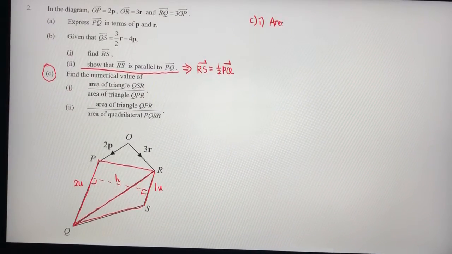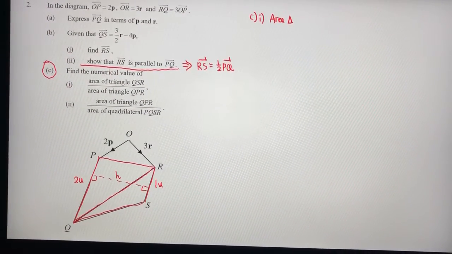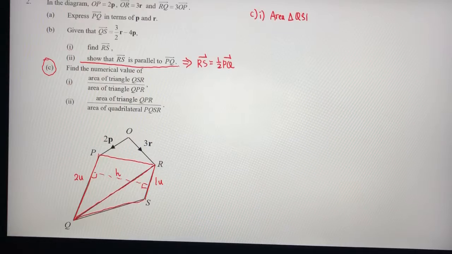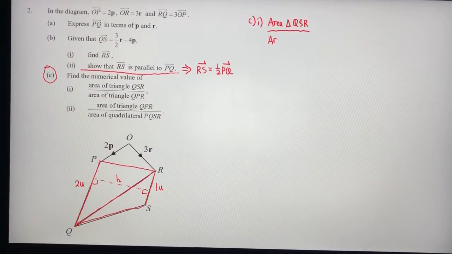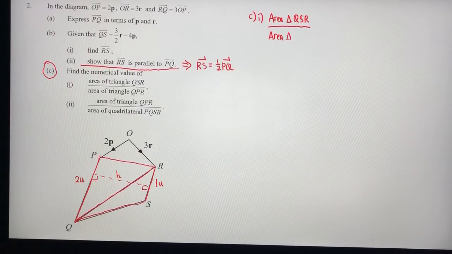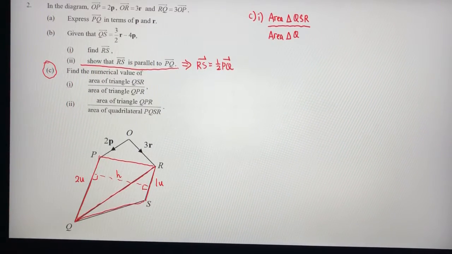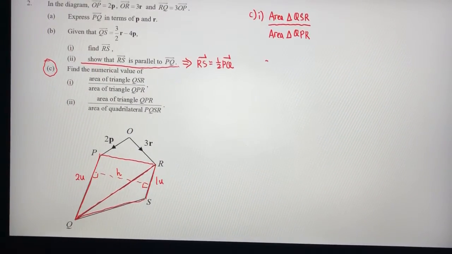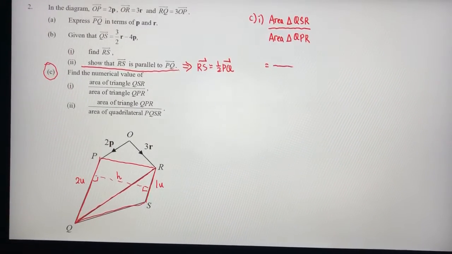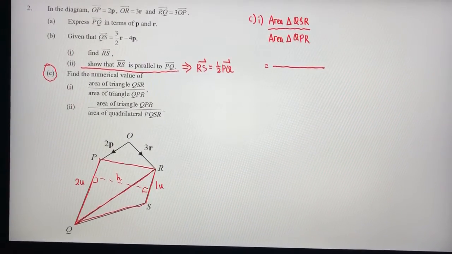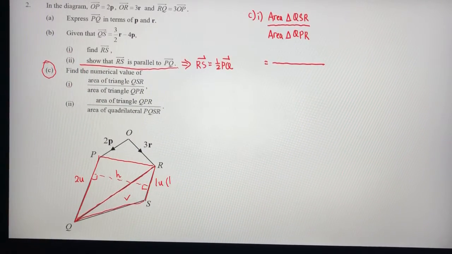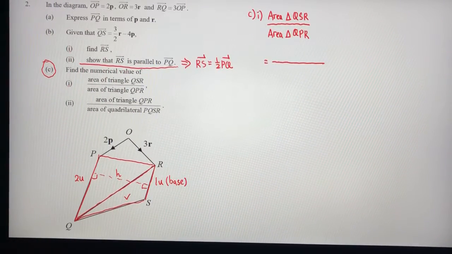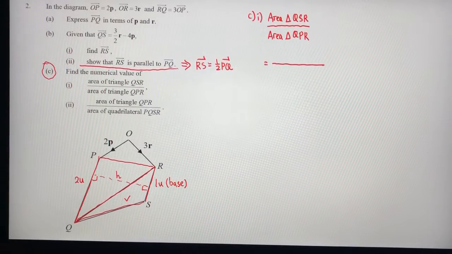So therefore, to answer this question, the area of triangle QSR over the area of triangle QPR, we will adopt a very simple formula of half times base times height. For the area of QSR, you notice that RS is our base and is 1 unit in length.